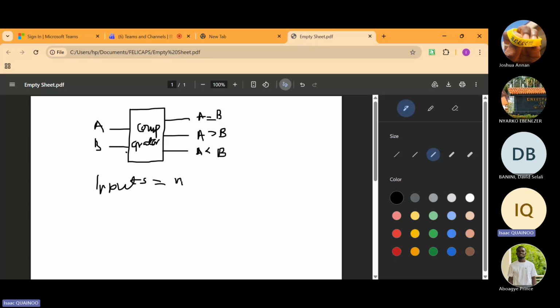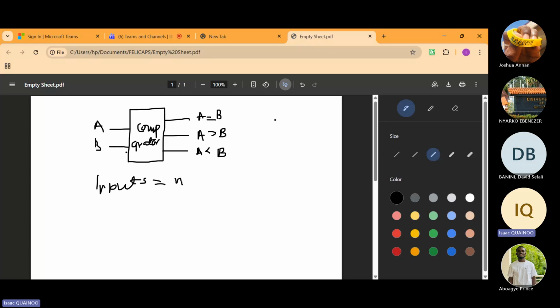It can be 2, 4, 8, 16, or even 32, etc. But the output will always be 3, regardless of the number of inputs it takes. And the 3 outputs it returns would always be in the form A equals B, A is greater than B, and A is less than B.